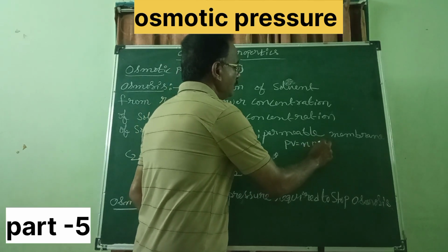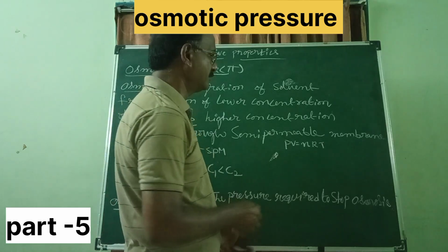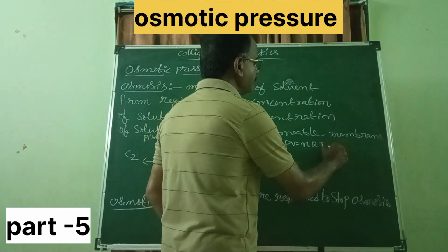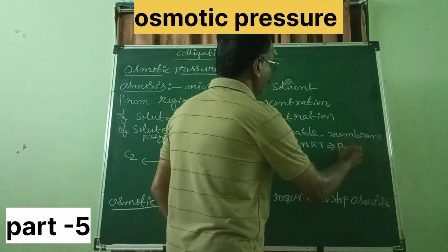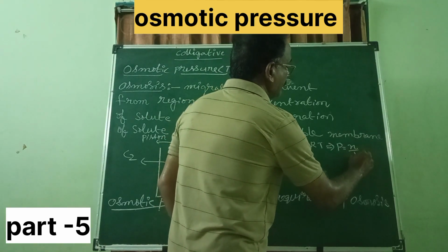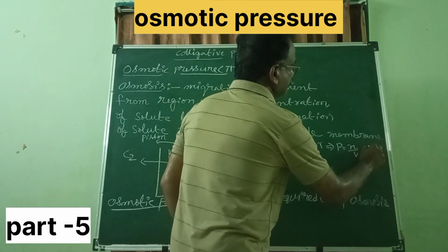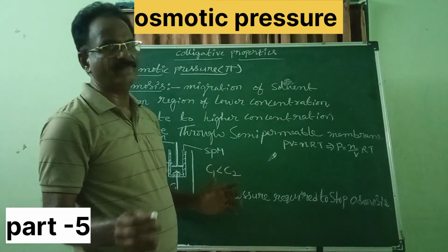So this can be modified like this: P is equal to n by V RT.